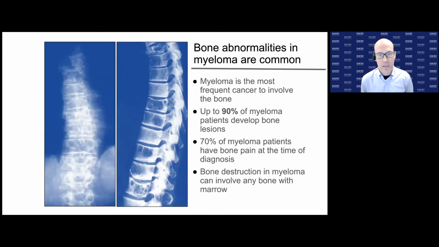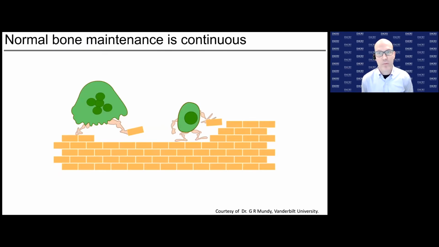Bone destruction can involve any vertebra, but remember that the majority of your bone marrow is in your spine and pelvis. So that's where most of your pain is, and lower back pain is the most common presenting pain symptom that myeloma patients have. Now, a little cartoon, because I don't learn anything if it's not a cartoon. On the left side, you see an osteoclast, and this is a multinucleated cell that is picking up these bricks.